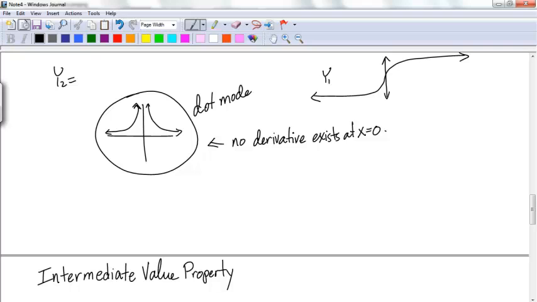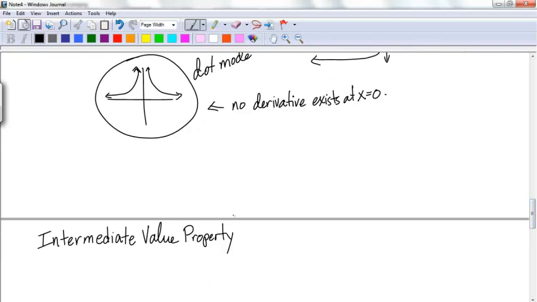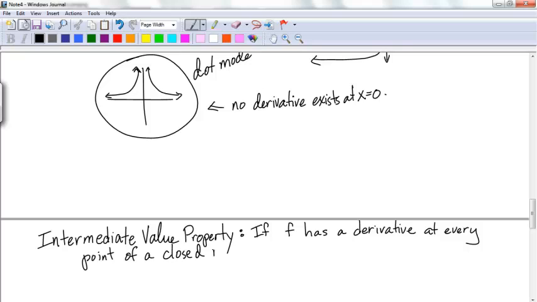Okay, the intermediate value property, and it says if your function f has a derivative at every point of a closed interval, and remember, for a closed interval they're using the brackets.